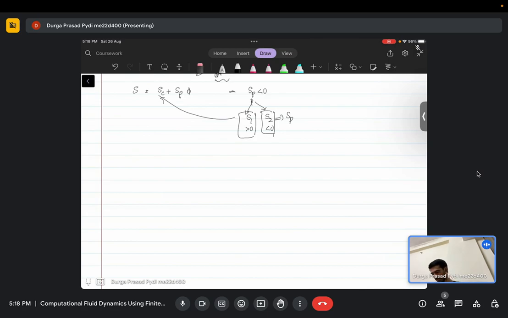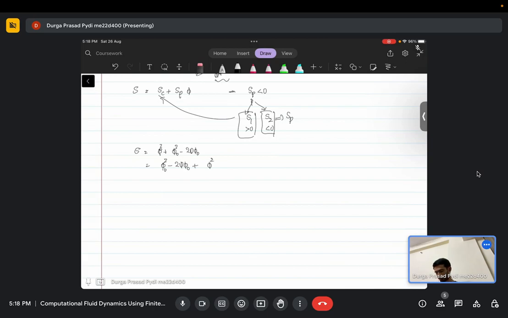So if we take our case, if we just expand it, we can write it as phi naught square minus 2 phi naught phi plus phi square.